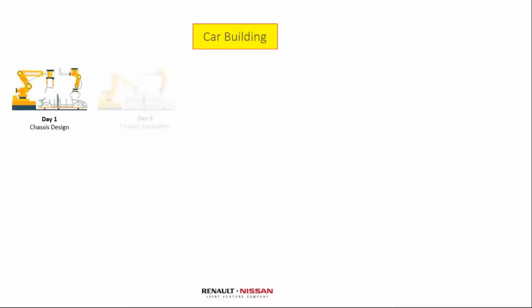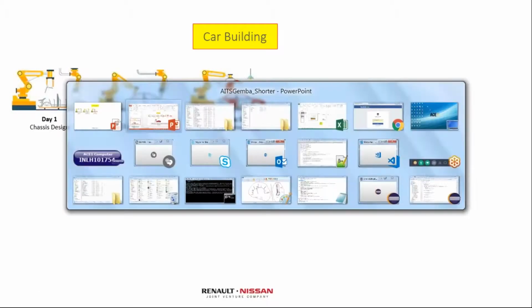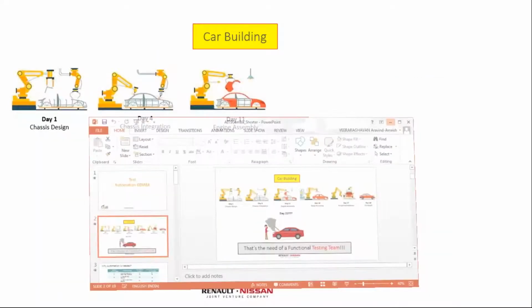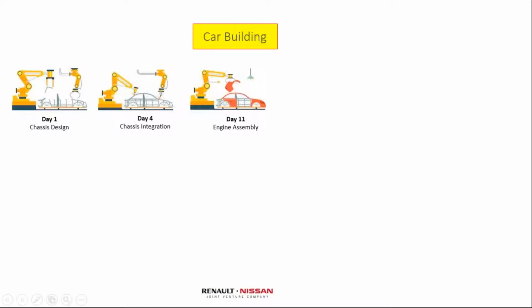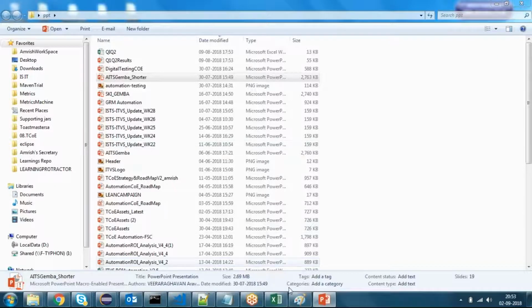There is another team called the engine team, which will check whether the engine is working properly or not. Then they will check whether the chassis and engine together are working properly or not. You're getting it? Just 1 minute, I will explain with this example.